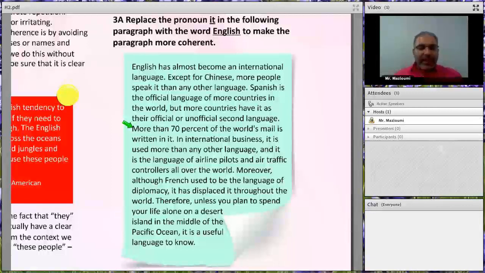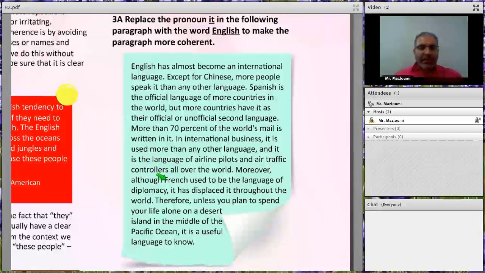In international business, it is used more than any other language, and it is the language of airline pilots and air traffic controllers all over the world. Moreover, although French used to be the language of diplomacy, it has displaced it throughout the world.